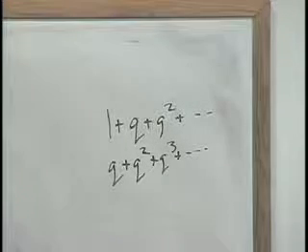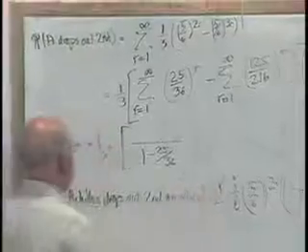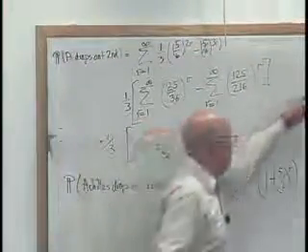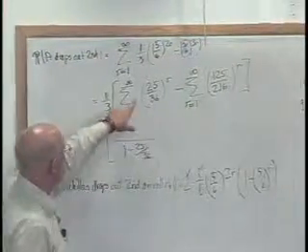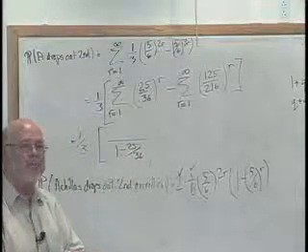And if you think of it that way, it's very easy. So in the denominator, we have 1 minus 25/36. In the numerator, if it were the standard series, we just have a 1, but because the series starts at r equals 1, what have I got in the numerator?